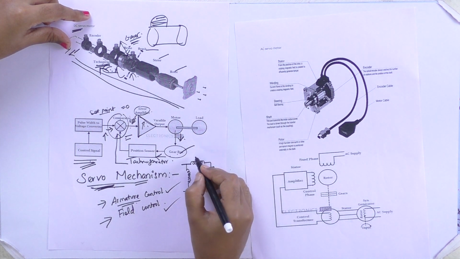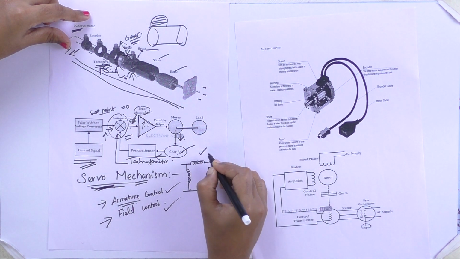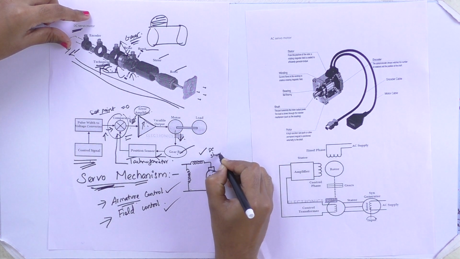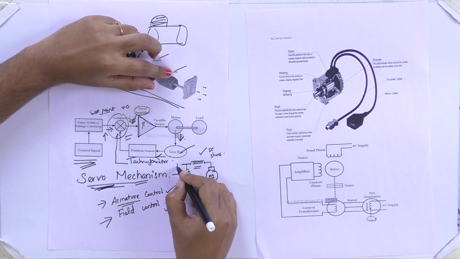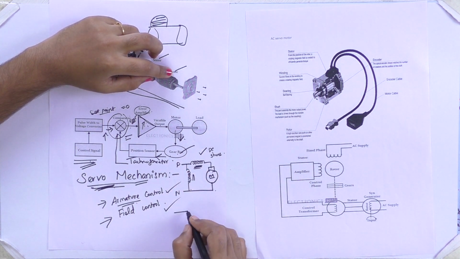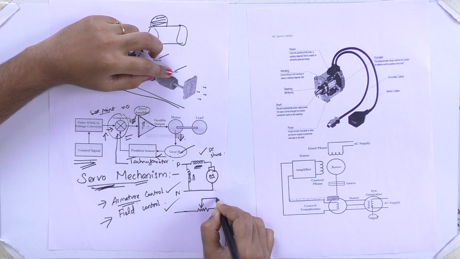This is field control. This is the normal DC shunt motor I am taking, but in this, for controlling the supply voltage, we need to add a variable resistor in the circuit. That is rheostat we will be adding.